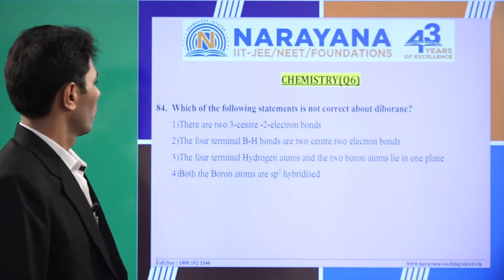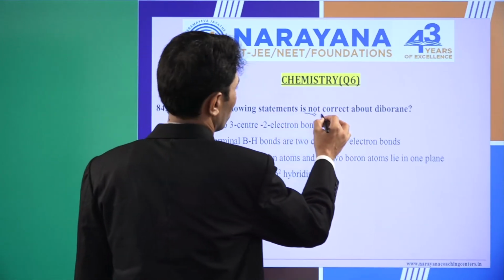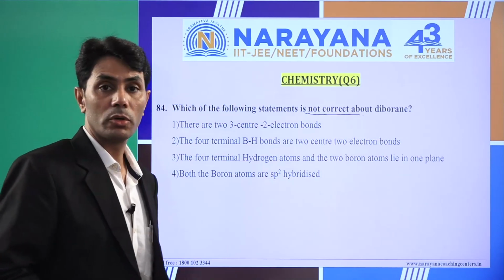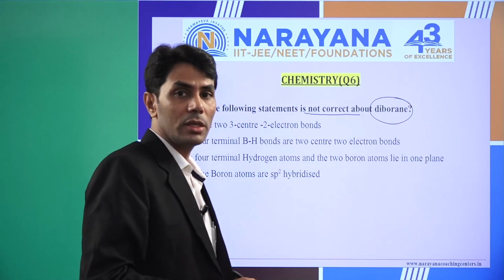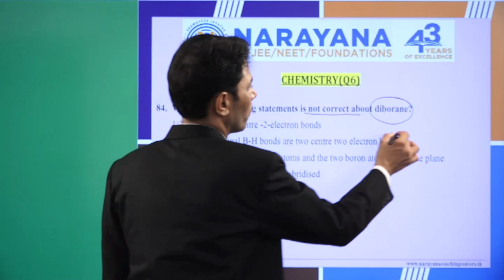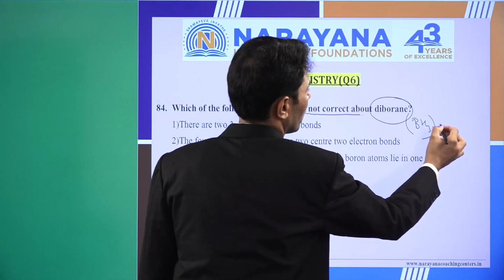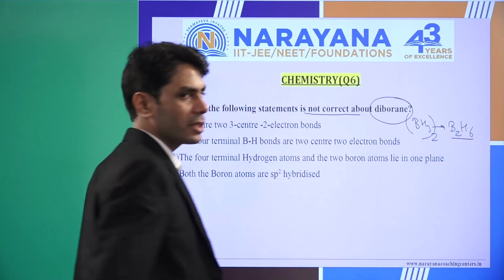The next one. Which of the following statements is not correct? Again, you have to find out the incorrect statement. About diborane. What is diborane? It is the dimer form of borane, meaning the dimer form of BH3. So we are discussing B2H6.